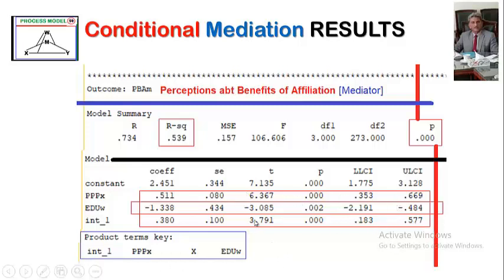So all the supporting statistics support that all three variables are playing a significant role in bringing 54% change or variation in the perceptions about benefits of affiliation.